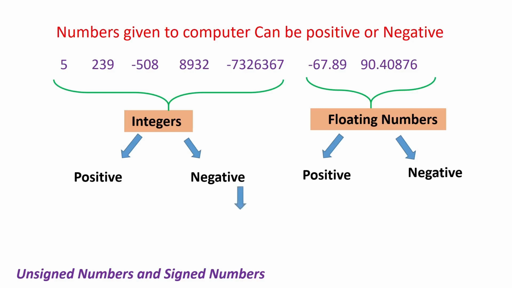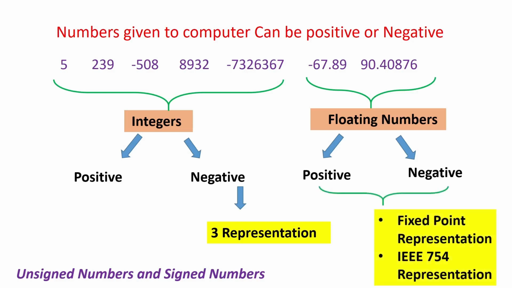When we want to represent a negative integer in binary, we have three different representations to express a given number in binary according to the signed representation. And for floating point numbers, we have different representations.